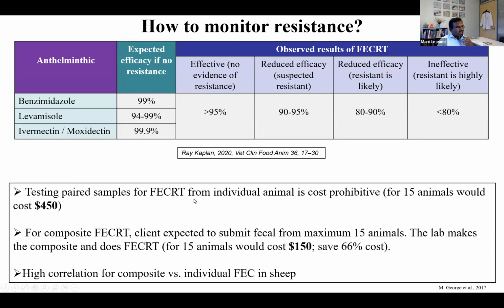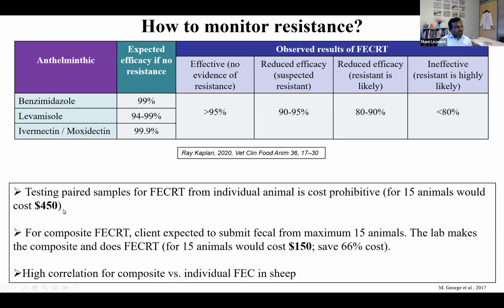For the fecal egg count reduction test, currently our lab is offering it on an individual animal basis. But in the near future, we are thinking about offering this as a composite fecal. The recommendation is to test at least 15 animals in a flock.